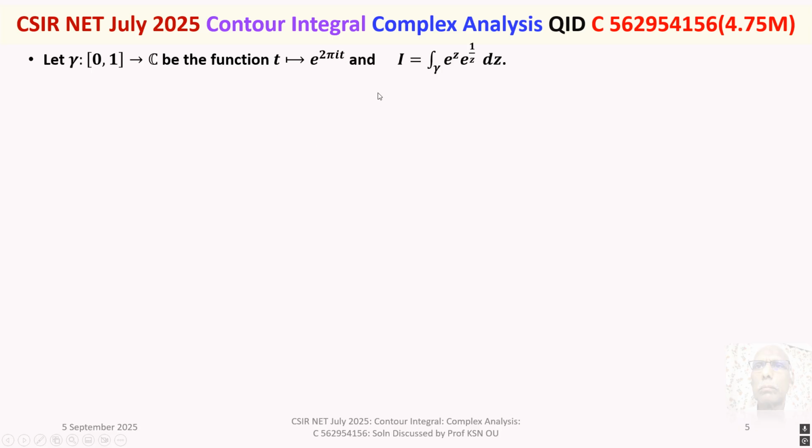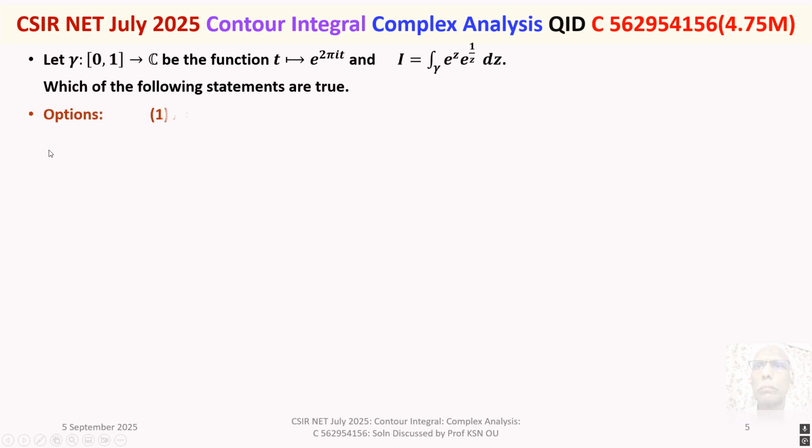Let I be the integral taken around gamma of the function e power z multiplied by e power 1 by z with respect to z. Which of the following statements are true?